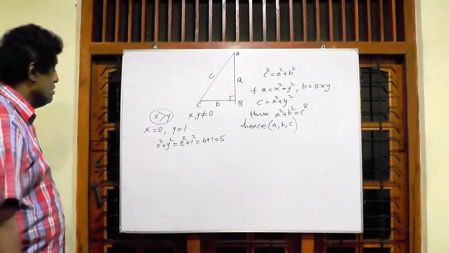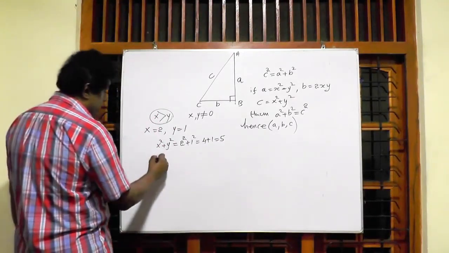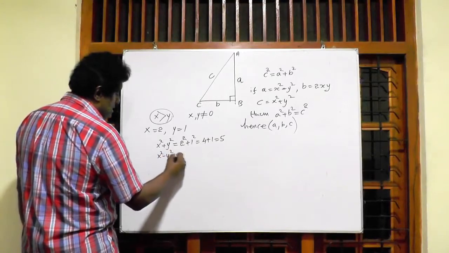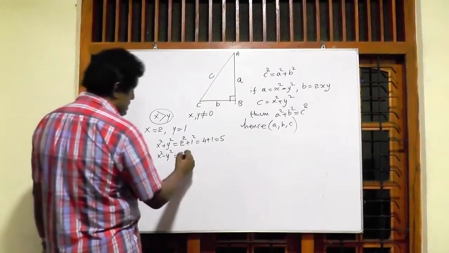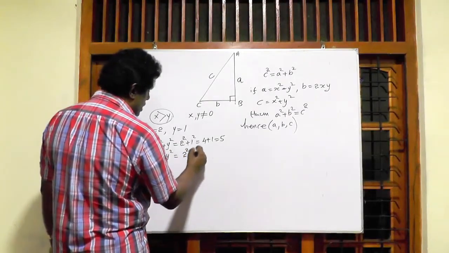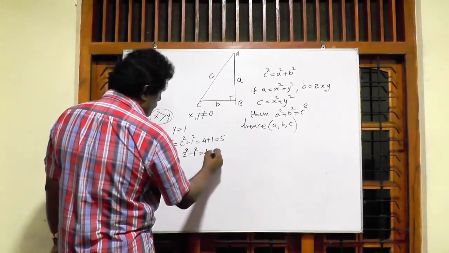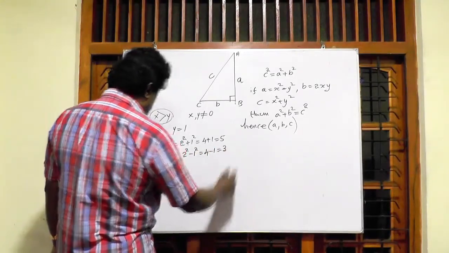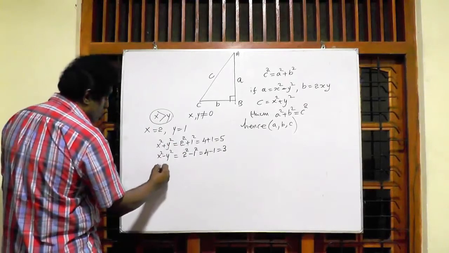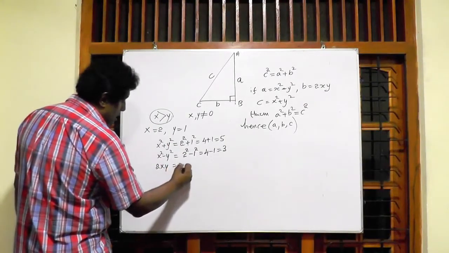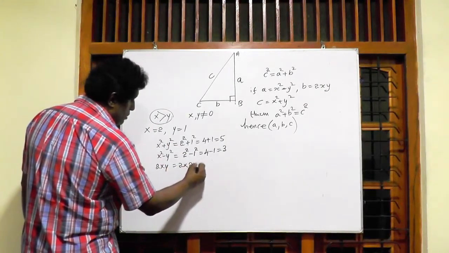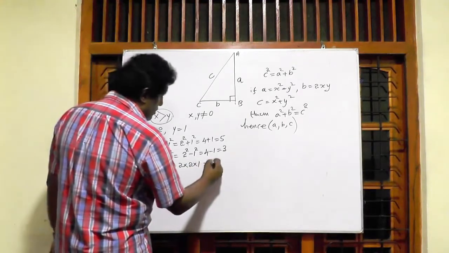Then x squared minus y squared is 2 squared minus 1 squared, that's equal to 4 minus 1 equal to 3. Then the value of 2xy is 2 times 2 times 1, that's equal to 4.